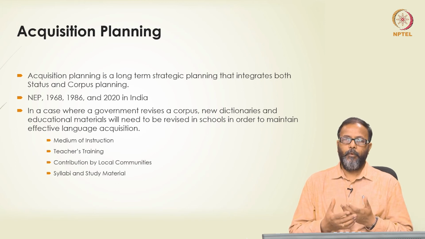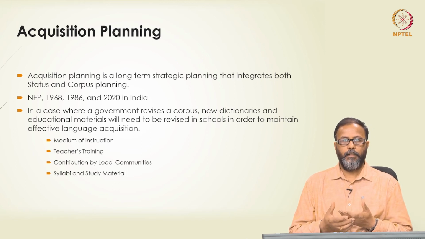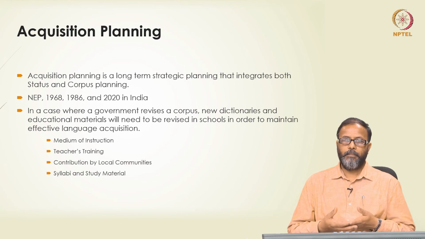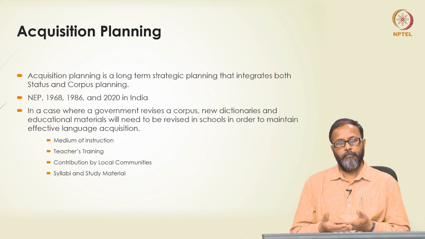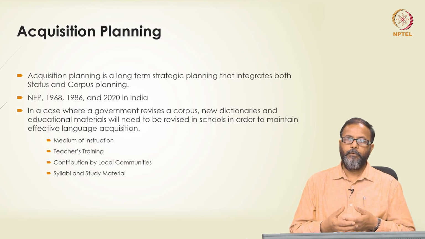Young children acquire it as their second language or third language. It becomes popular, right? It helps us assign prestige value to that particular variety, and it also requires a lot of additional initiatives to make it effective, to implement.